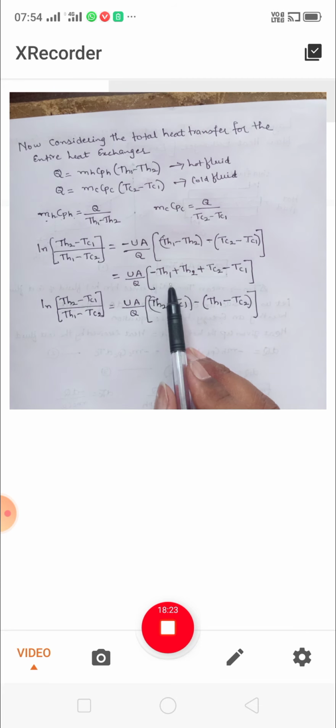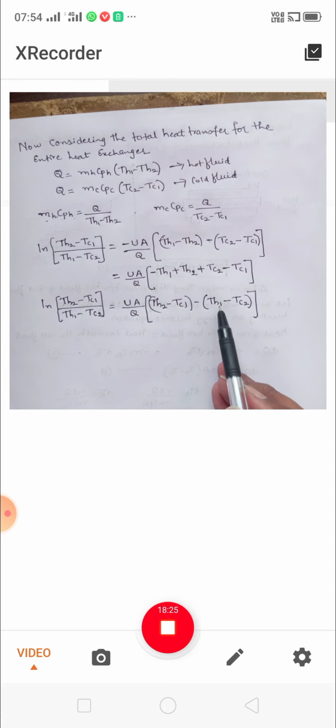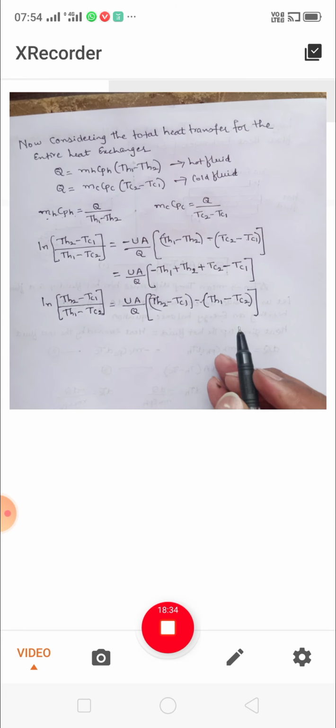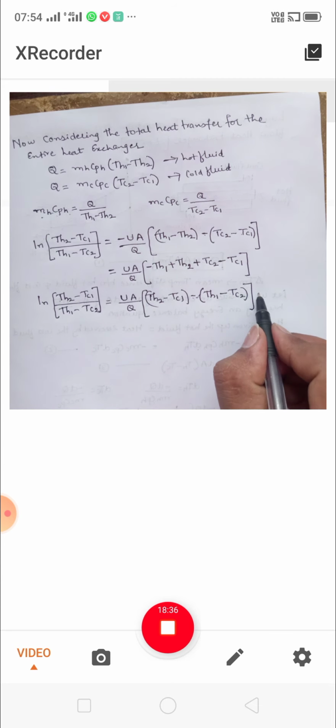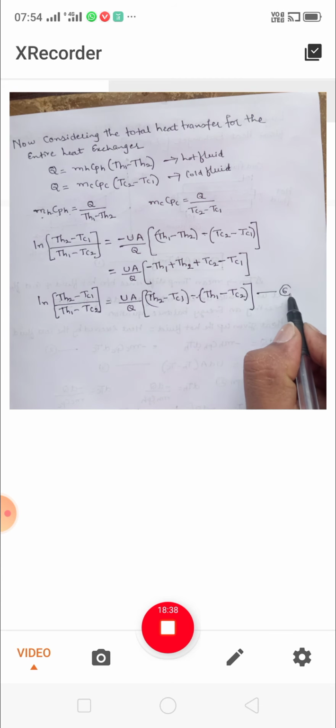These are the same equations, only written in this form, with no change. Let me call this equation 6.